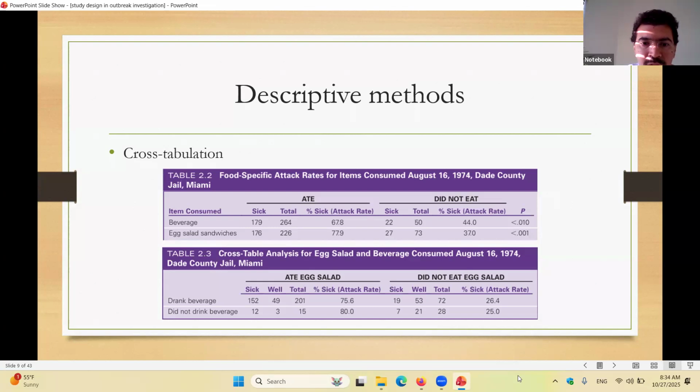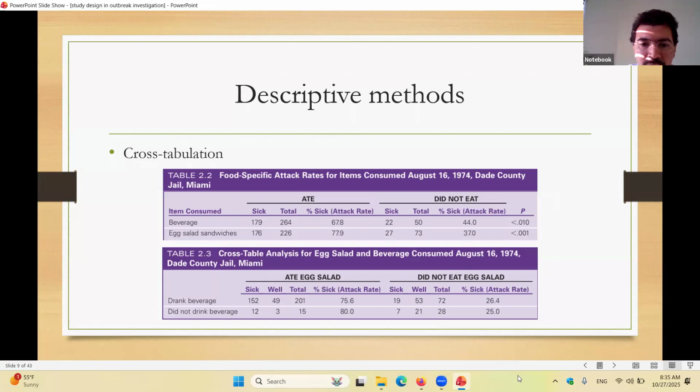In the first table, we have two columns, ate and did not eat. And we have two rows, beverage and egg salad sandwiches. As you see, the attack rates in the group that did not eat were low, but the attack rates in the group that ate are high.